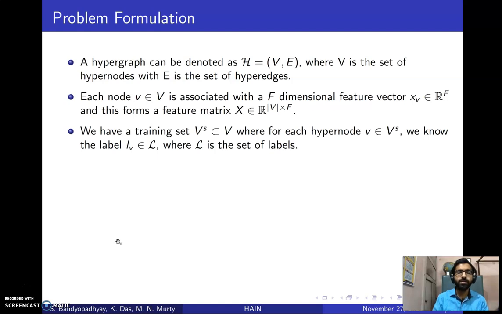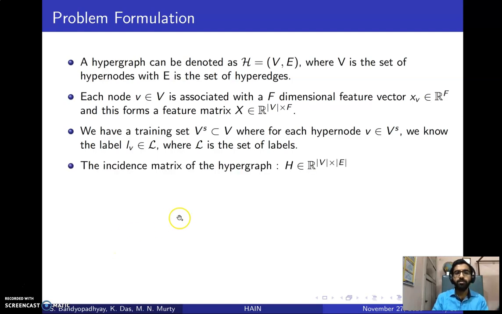We are using it for hypernode classification in a semi-supervised way. So we assume to know the label of a subset of nodes V_s. The incidence matrix of this hypergraph can be denoted as H. It's of dimension |V| times |E|. So if some hypernode v belongs to a hyperedge e, the corresponding entry of the incidence matrix will be 1, otherwise it will be 0.